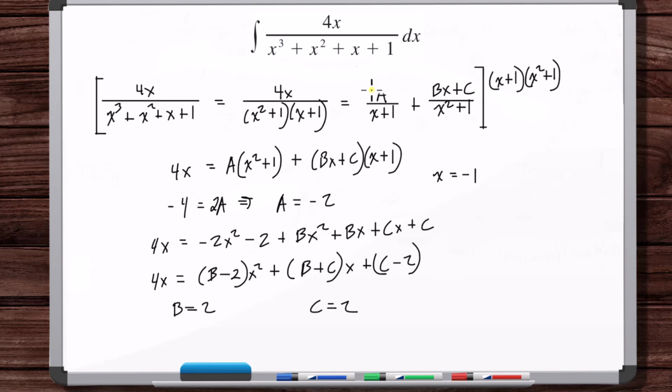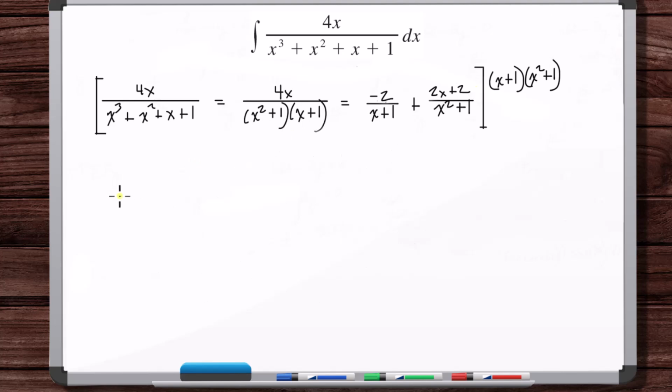Okay, so a is equal to -2, and then bx plus c is 2x plus 2. So we've got the integral of -2, and then we can take out a 2 here.